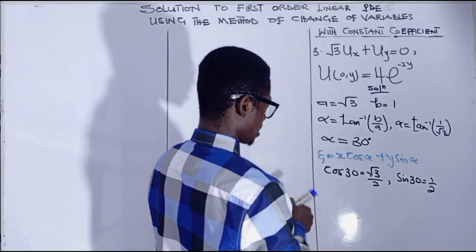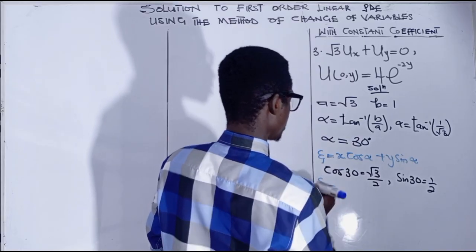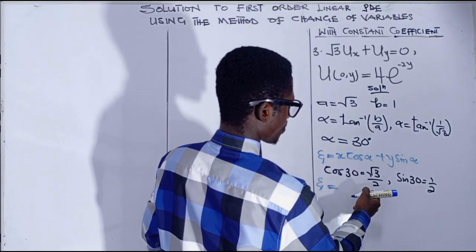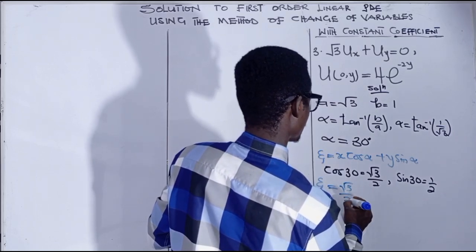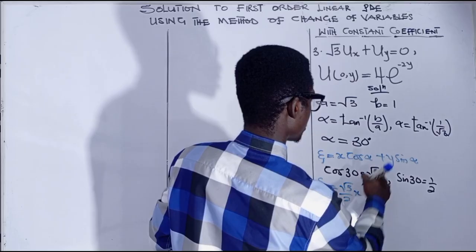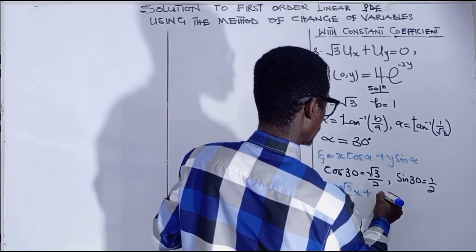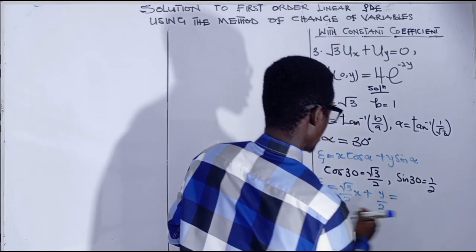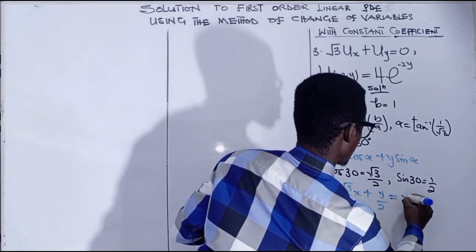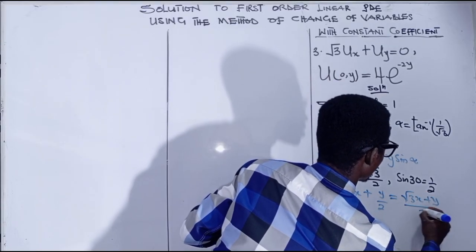So we know that xi is equal to cos alpha, we had root 3 all over 2, and then we have x, plus sin alpha, we had 1 over 2, so we have y all over 2. So with this, we can simplify and write xi as what? Root 3x plus y all over 2.